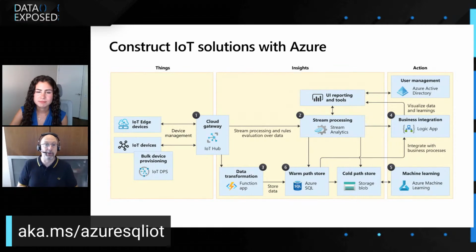And luckily, on top of our Azure platform, we have specific services that are basically covering those different roles, right? So again, we have IoT Hub, which is playing the cloud gateway role here, where devices can connect directly to IoT Hub, or can be connected to field gateways like the IoT Edge devices, right?